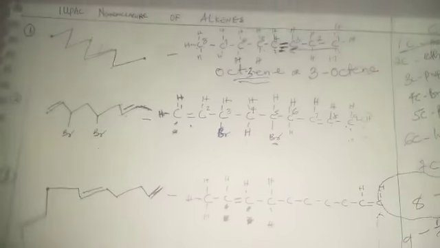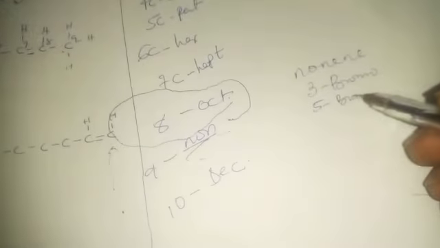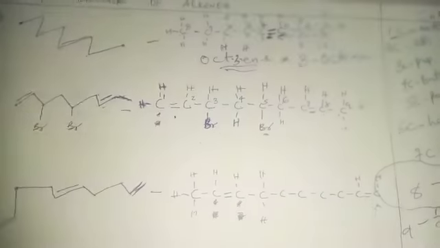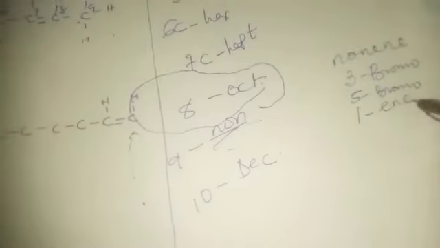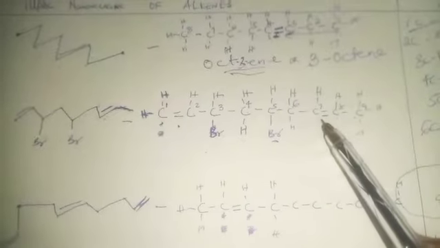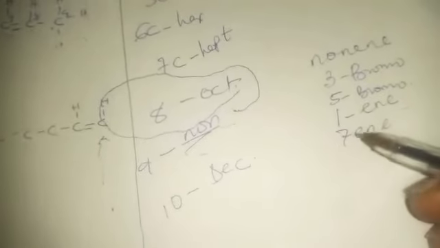We also have 5-bromo. There's a double bond on the first carbon, so we have 1-ene. We also have a double bond on the 7th carbon, so we have 7-ene. Any other thing there? No. So we just combine the names.